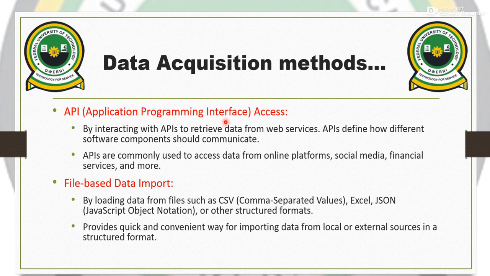For instance, you have maybe hosted your model online, and then you want to assess the behavior of the model. Then you can link up your website, or maybe your mobile application, to access the model using an API.